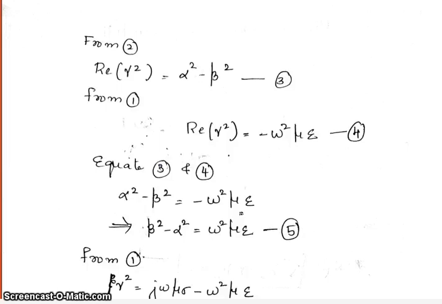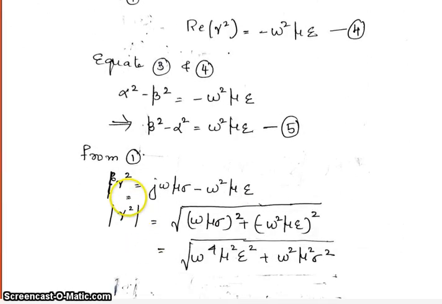Now, from 1 we can write gamma square, by removing the bracket, as gamma square is equal to j omega mu sigma minus omega square mu epsilon. Then I am going to take the magnitude. So, you know how to take the magnitude. Magnitude of gamma square is equal to the square root of the square of the imaginary part plus the square of the real part.